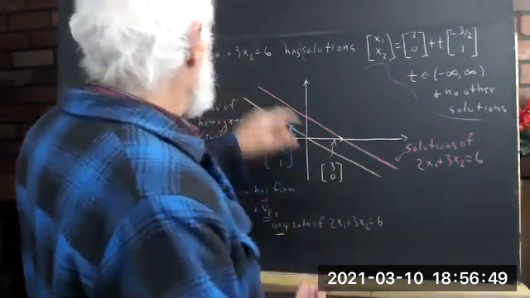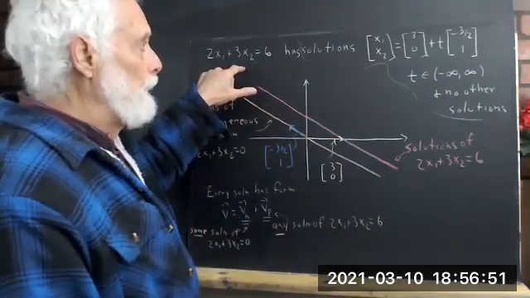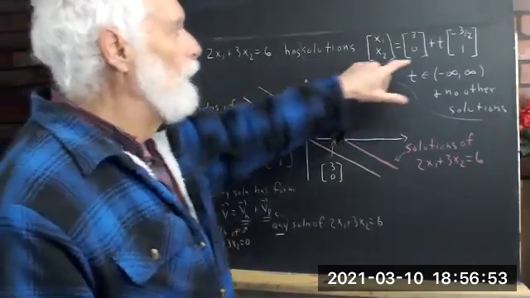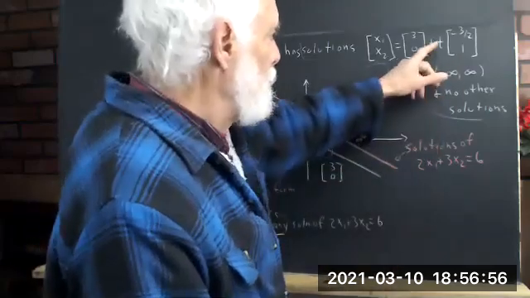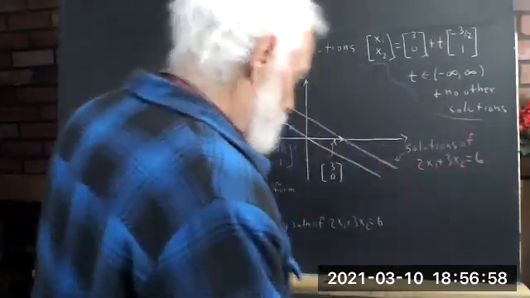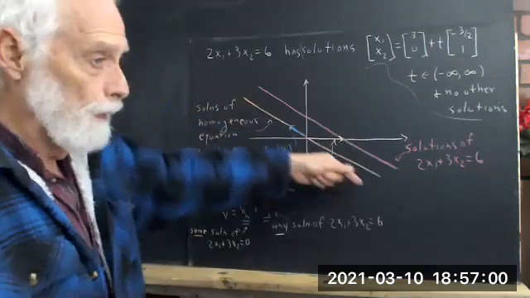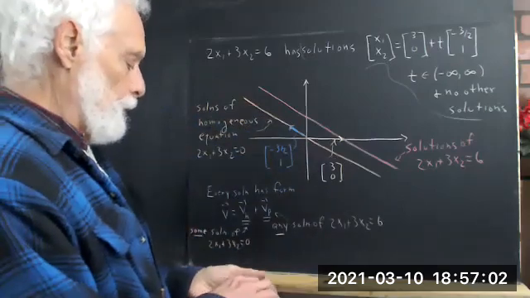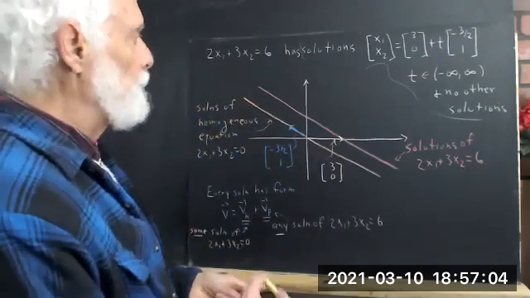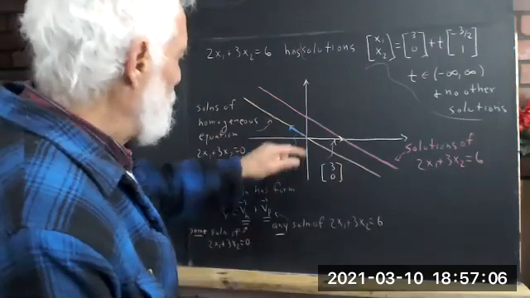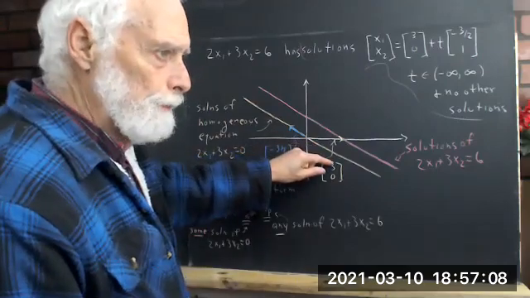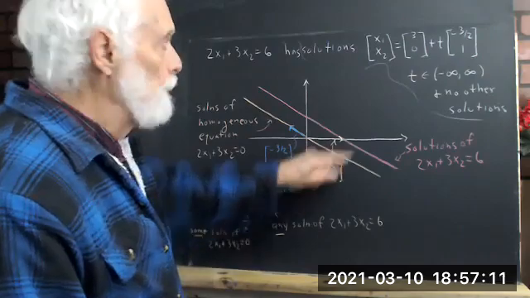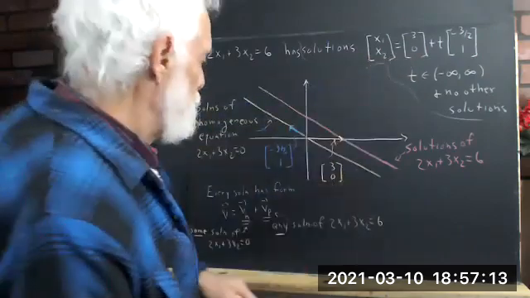The solutions to this equation then can all be constructed by first constructing this line, the set of solutions to the homogeneous equation, and then displacing every point on this line with a vector (3, 0). Okay.